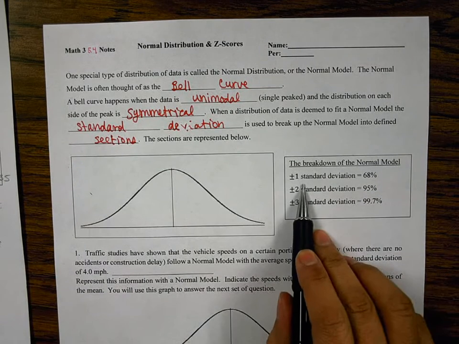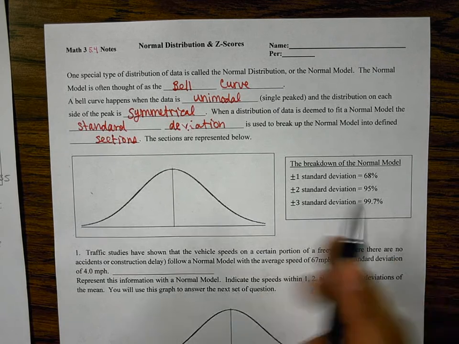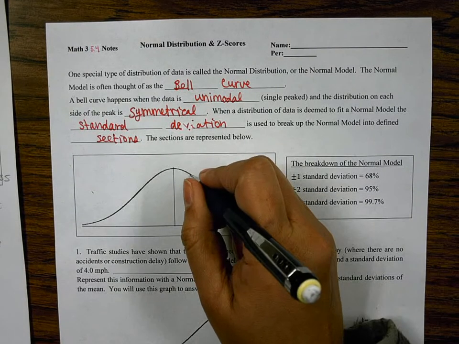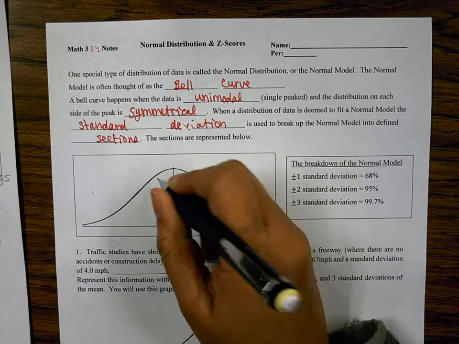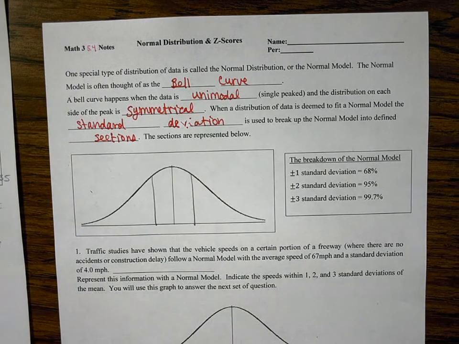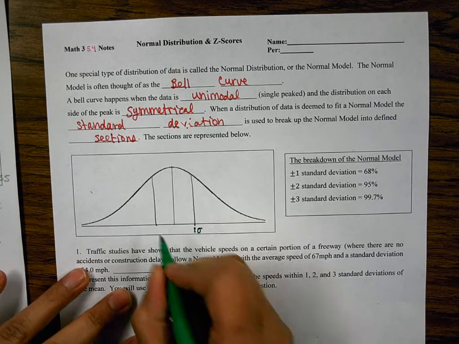Plus or minus 1 standard deviation is 68%. So we're going to go one to the right and one to the left. This is 1 standard deviation.